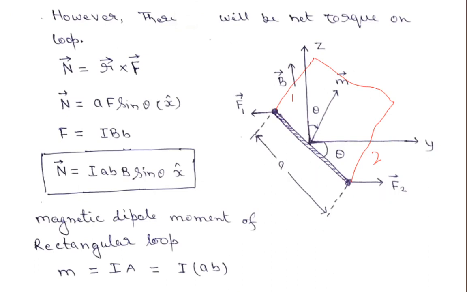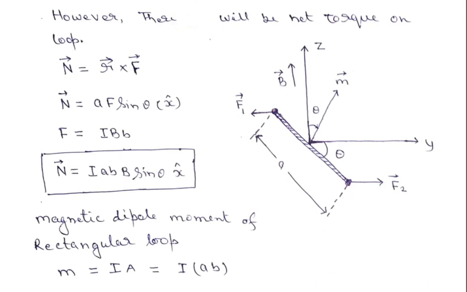Okay. So let us consider this one face of the rectangle, let us say side 3, that is of length A. This F1 is because of side 1, which is acting at the corner, at the joint point of side 1 and side 3. So this is F1, and this is the force F2 along the y direction.